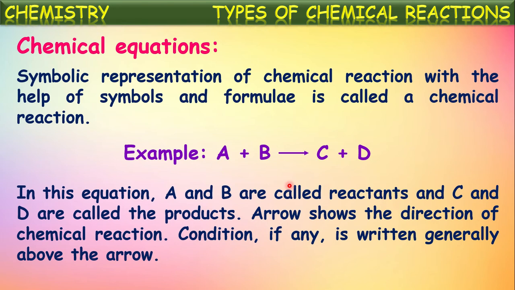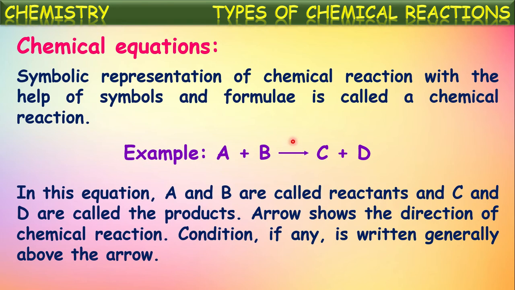And in certain chemical reactions, certain catalysts are used. For example, hydrogen peroxide decomposes to form water and oxygen. In that reaction, manganese dioxide is used as a catalyst, so the manganese dioxide formula will be written on the arrow mark.